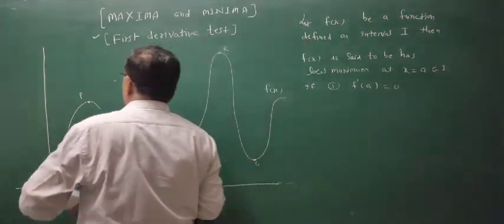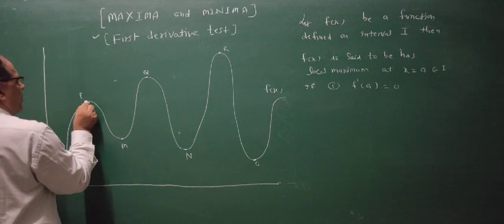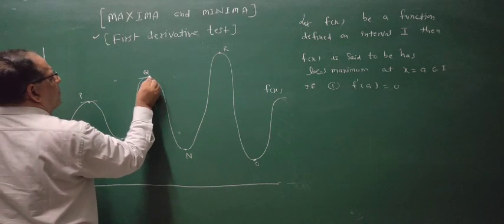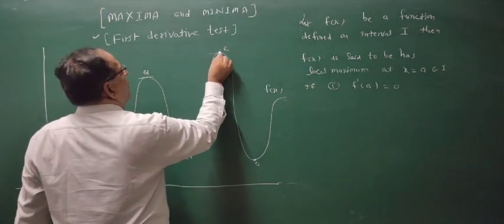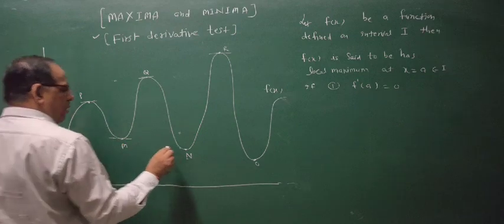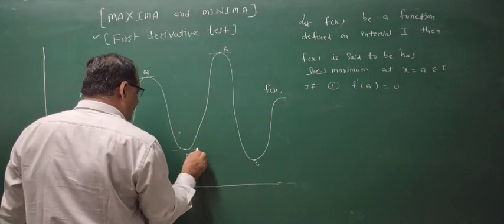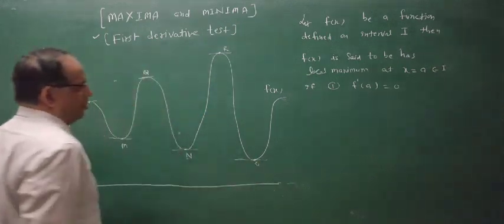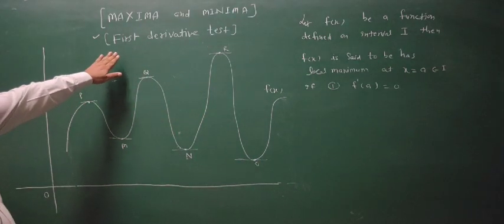Here we are observing all the points, whether they are points of local maxima or points of local minima. We are observing here all the points of local maxima and local minima, the tangent is parallel to the x-axis. So we are discussing the first derivative test.